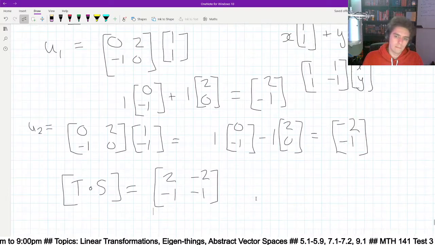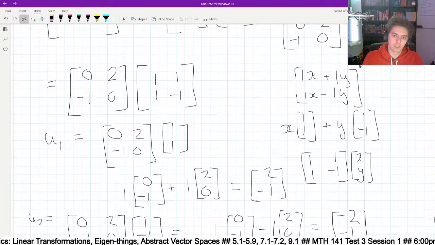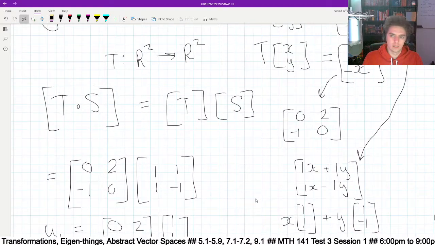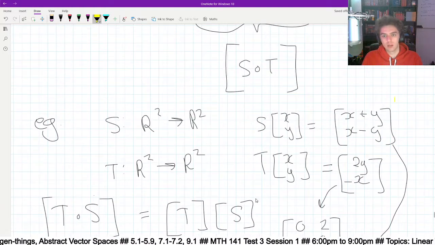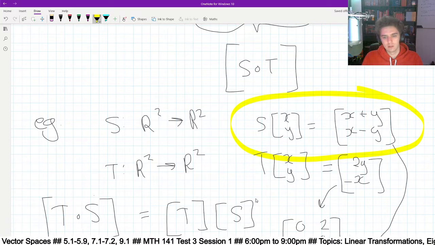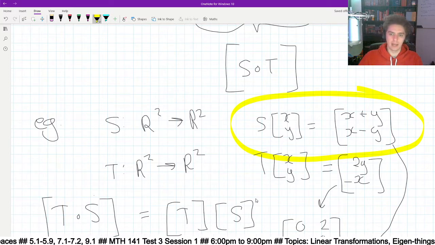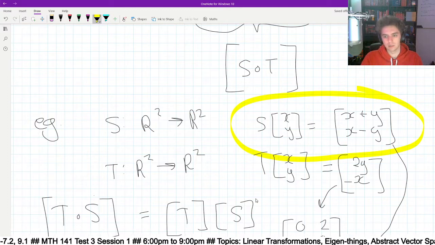Quick question. When can you make that shortcut assumption? That first one where you said 1x plus 1y and then 1x minus 1y. Whenever you see a transformation defined like that, like S of (x, y) equals something happening to x and y.